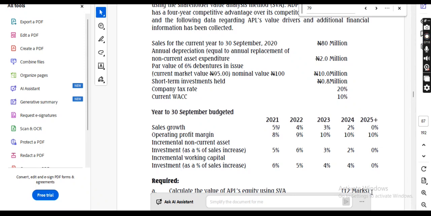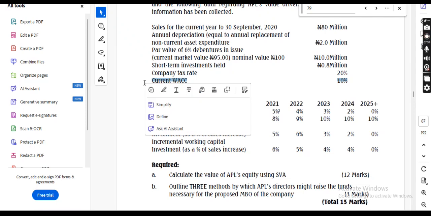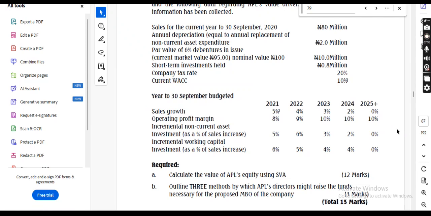Let me remind you, what did we do? We removed the element of debt. So in this question as well, equity, but you are given what? The weighted average cost of capital. Don't stress yourself, don't give yourself unnecessary headache.